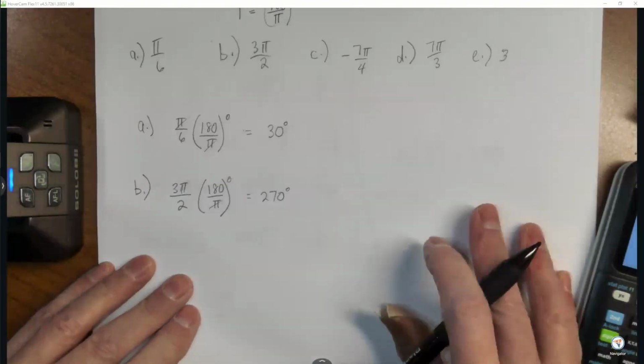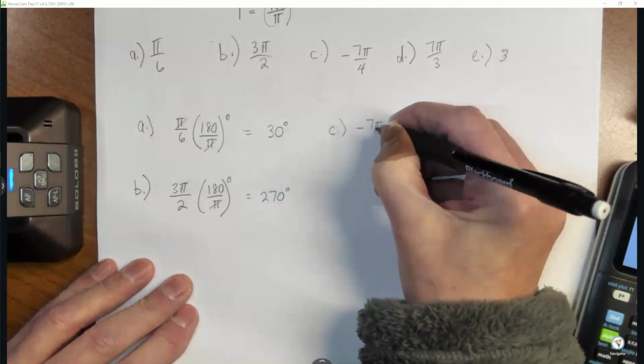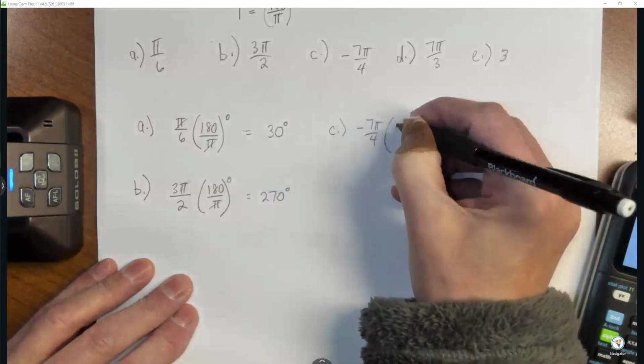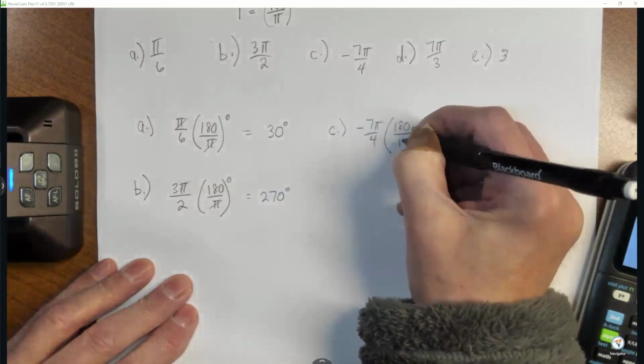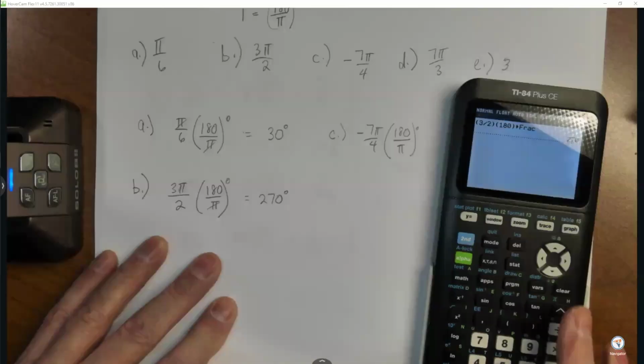All right, let's look at C: negative 7 pi over 4 times 180 over pi degrees. I'm going to use the calculator feature for this one.